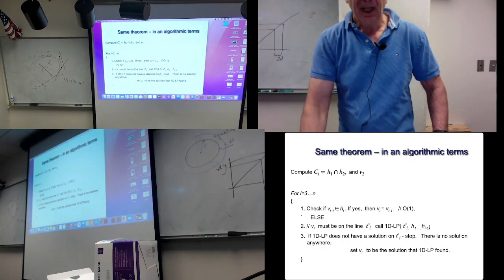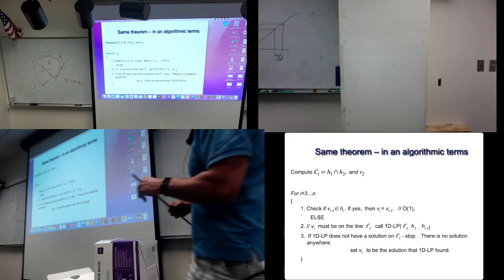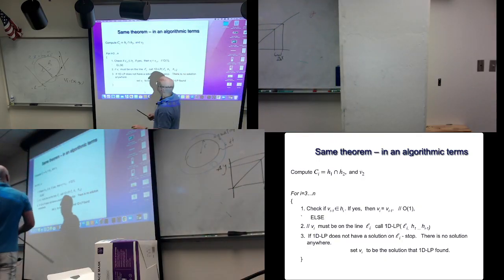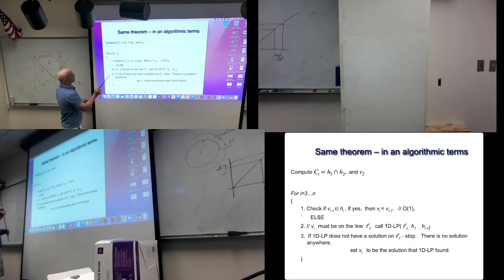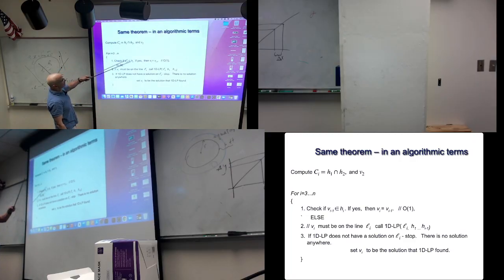So let's see how the algorithm looks now. As before, Ci is the intersection of the half planes, but actually you compute C2, the intersection of H1 and H2. You don't really need it, but you definitely want V2, which is the best point in the intersection of these two half planes. So you have V2 for the first two half planes.